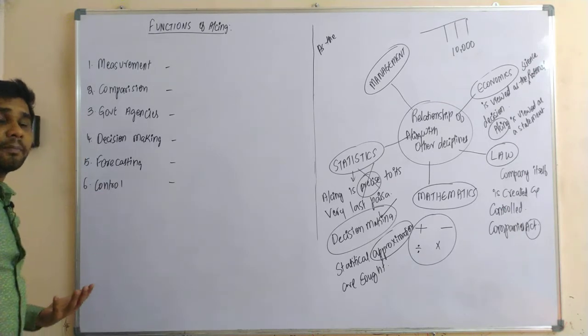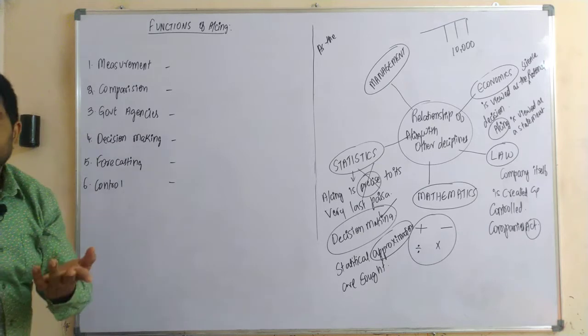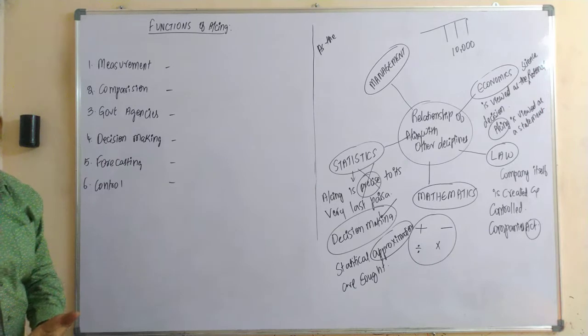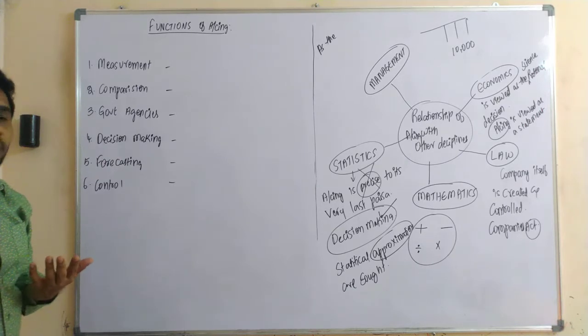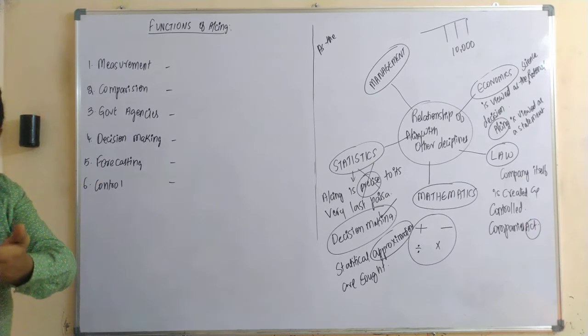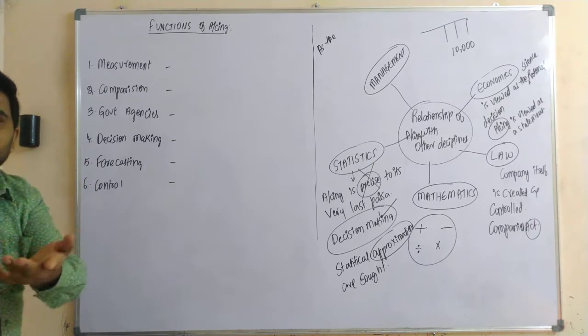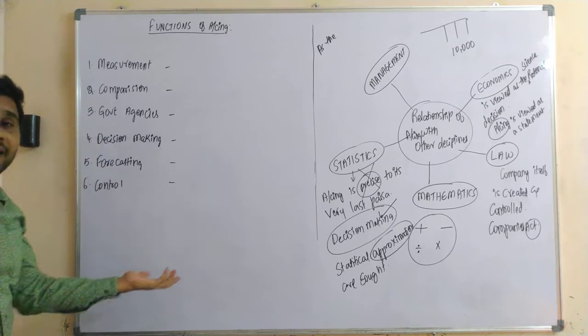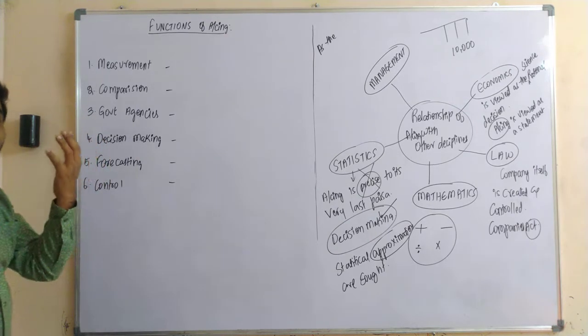Within the organization comparison, and outside the organization, that is nothing but industry wise comparison. How my business is, how the profits, what are the differences between the profits of our company and the other, what we can say industry wise profits. You can compare the financial statements of our company and the industries which are in the same business.